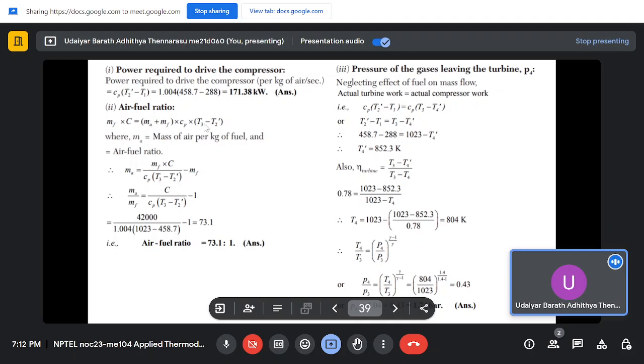If you do an actual energy balance, you will get (ma plus mf) Cp T3 minus ma Cp T2 dash. That's how the equation will be. Then substituting the C value, Cp and the temperature values, we find that the air-fuel ratio is 73.1.